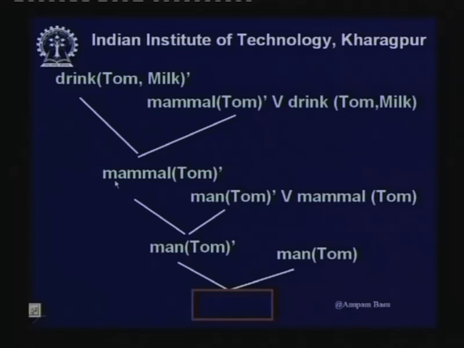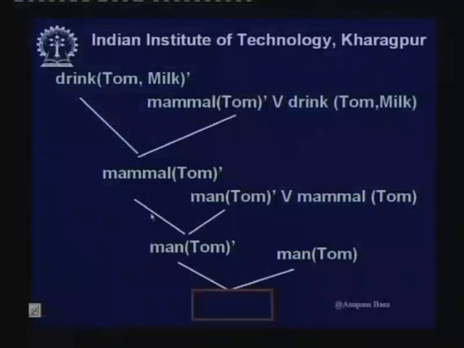In order to do that, I had to disprove that Tom is not a mammal, and in order to disprove that, I had to show that Tom is not a man, but Tom is a man. So, there is a contradiction, and since there is a contradiction, I am arriving at a null clause, thereby refuting my basic assumption. So, this is proven: Tom does not drink milk is refuted, and Tom drinks milk is proven.